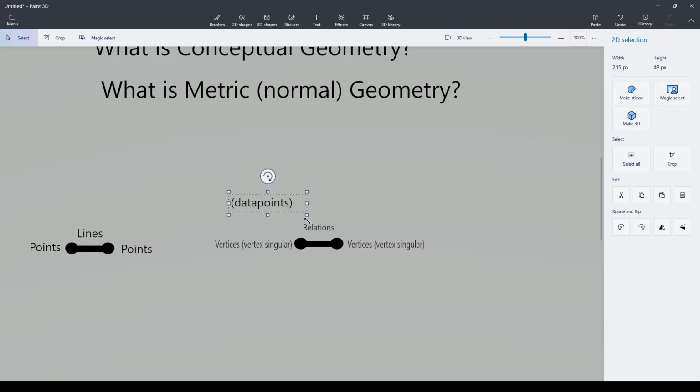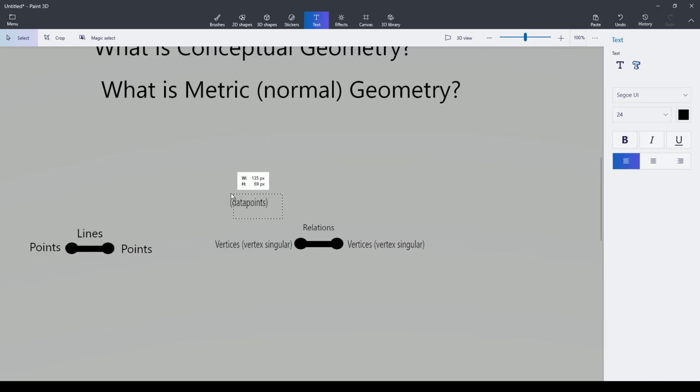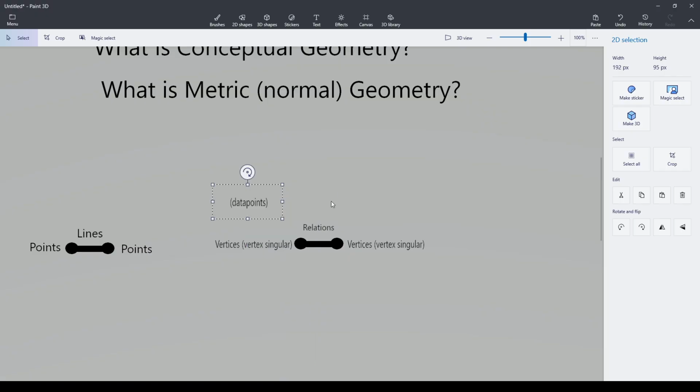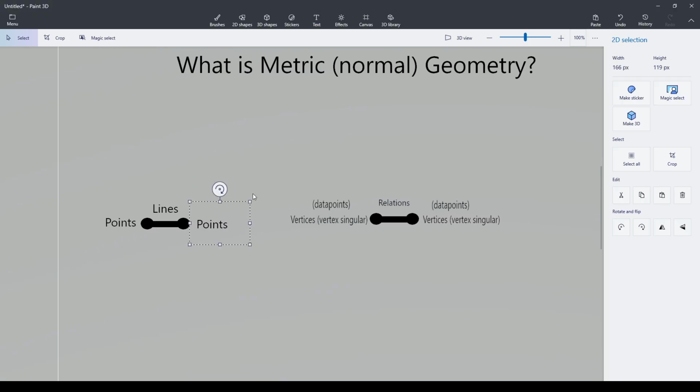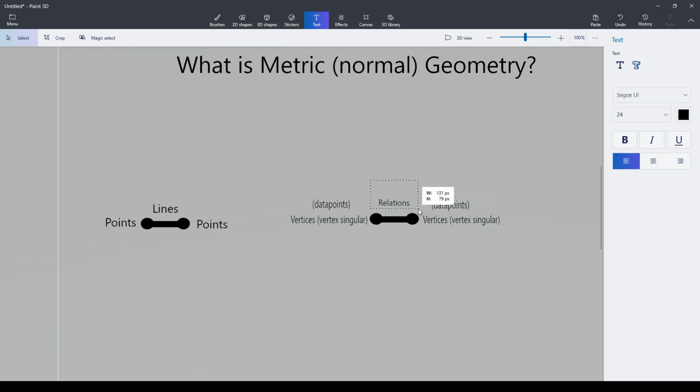Now, you may be wondering why that's so specific and why you would use vertices or vertex instead of data points and data point. But the reason why is to avoid confusion with points, just like relations is to avoid confusion with lines.